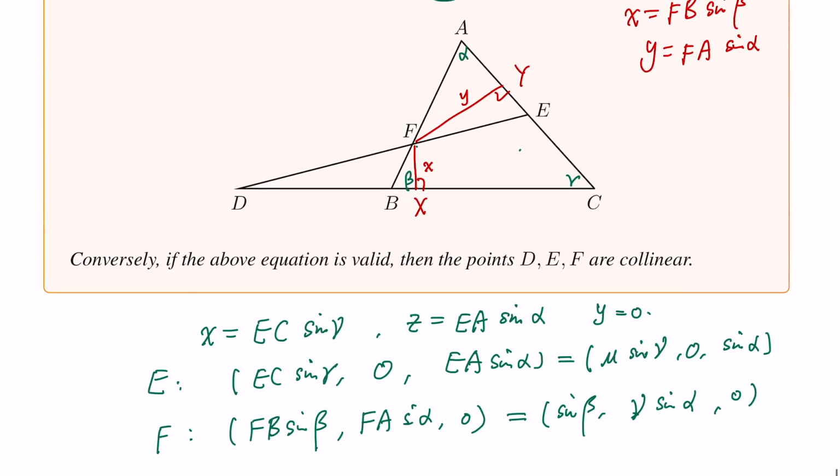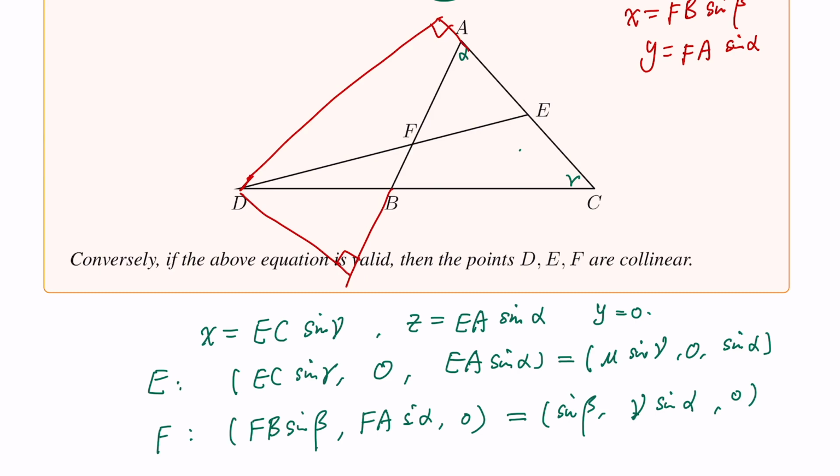So let me erase this again. And since D is on BC, its distance to BC is equal to 0. So we need to talk about its distance to AB and its distance to AC. Okay, so that's the distance.